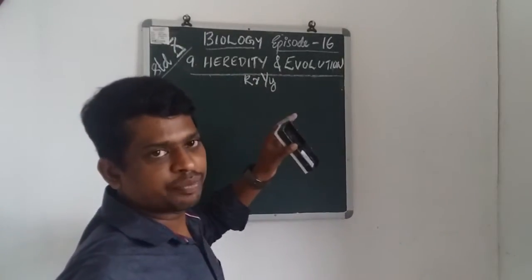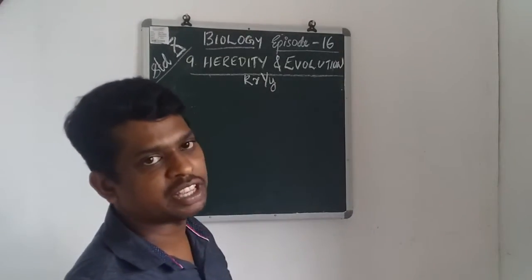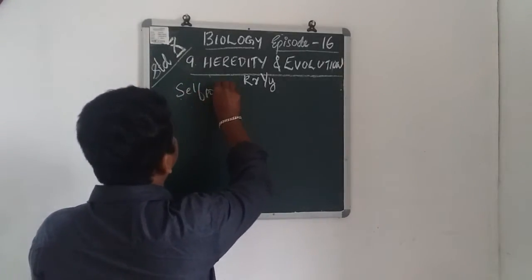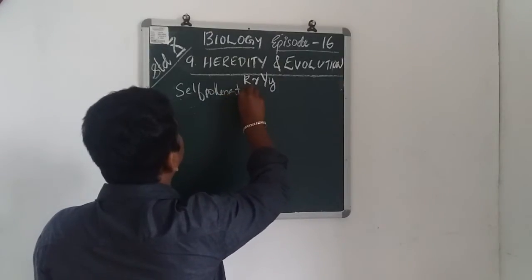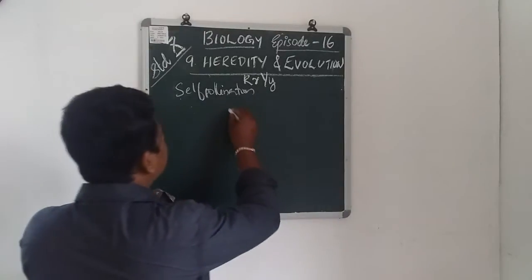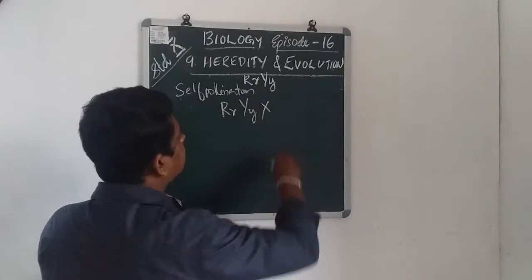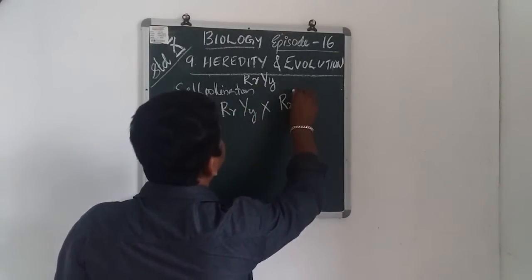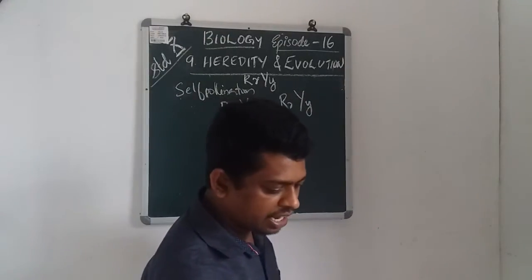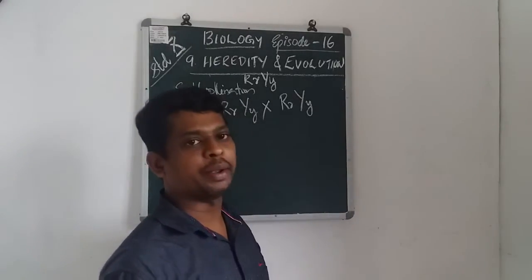In this F1 generation, self-pollination takes place. That means capital R, small r, capital Y, small y is crossing over with capital R, small r, capital Y, small y.